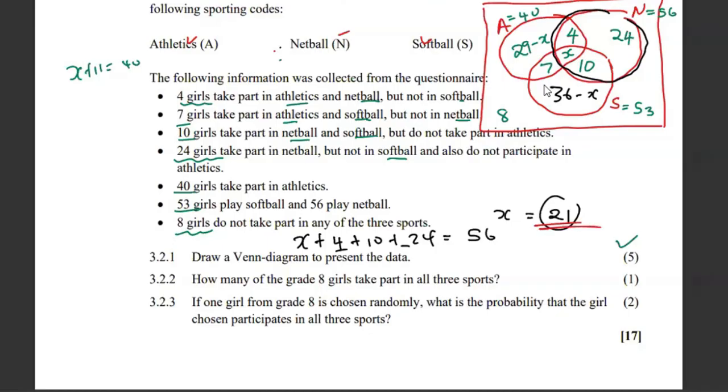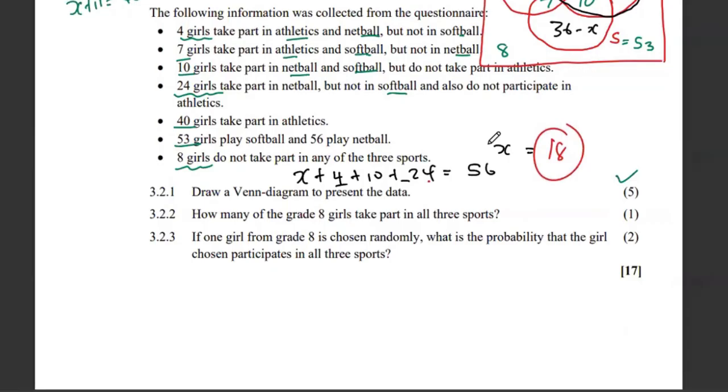You can correct me if I've gone astray, because that's 34, 38. Okay, 56 minus 38, no, it's not 21. What's my calculator saying? We're getting 18. So we have 18 girls that are taking part in all the 3 sports.